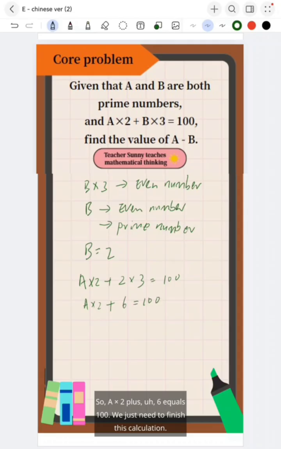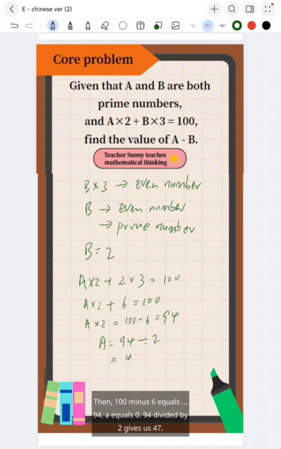We just need to finish this calculation. Then 100 minus 6 equals 94, so a times 2 equals 94. 94 divided by 2 gives us 47. So in this way, we found that b equals 2 and a equals 47.